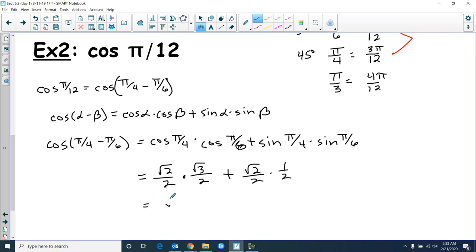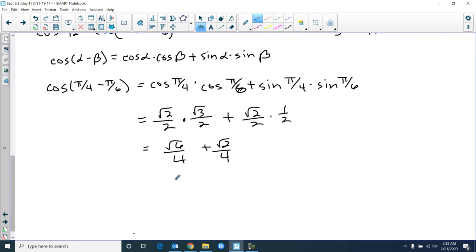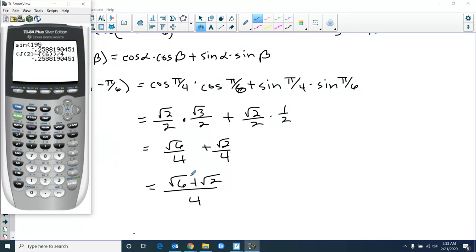So that gives me square root of 6 over 4 plus square root of 2 over 4, which is square root of 6 plus square root of 2 over 4. Like I said, these answers are all going to be very similar. Pi over 12 is really 15 degrees.